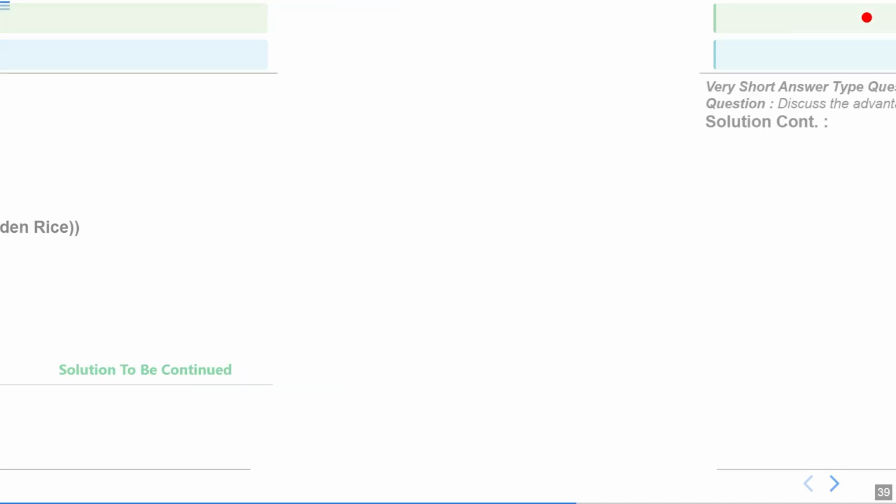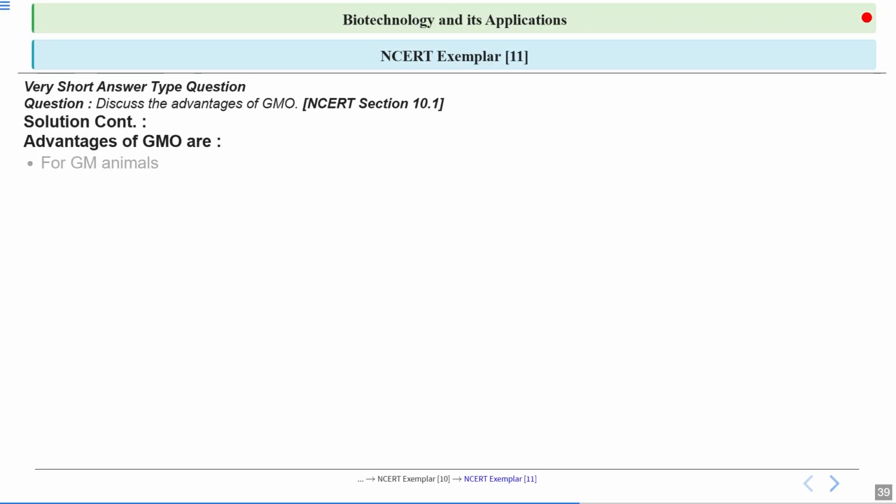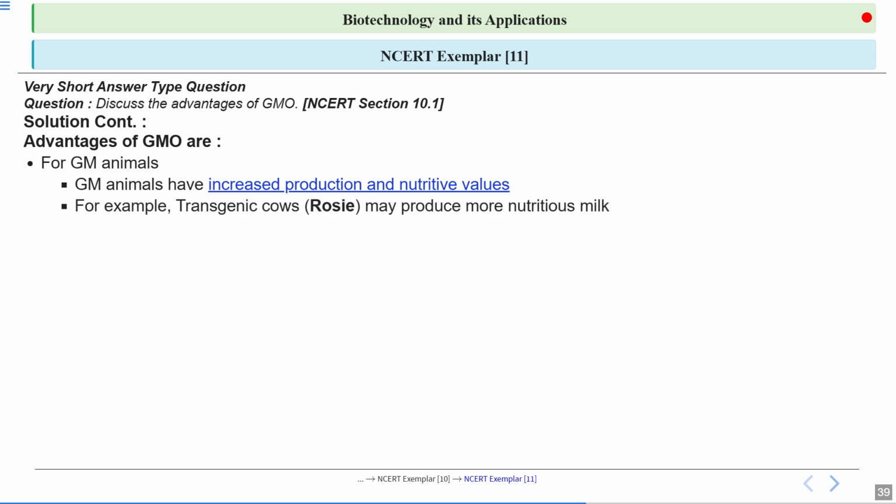Let's see some advantages of genetically modified animals. Genetically modified animals can also have increased production and nutritive values. For example, we have studied the transgenic cow named Rosie, which produces more nutritious milk.